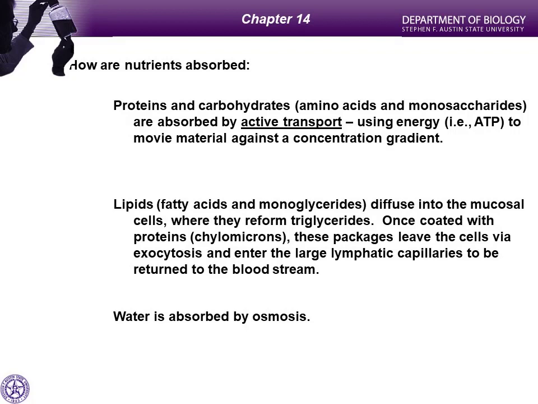Three. That's pretty easy, right? But fats, you don't really transport them all that well in the blood. Because if we think about the characteristic of a fat, back when we were talking about our organic molecules, are fats going to be hydrophilic, or are they going to be hydrophobic?